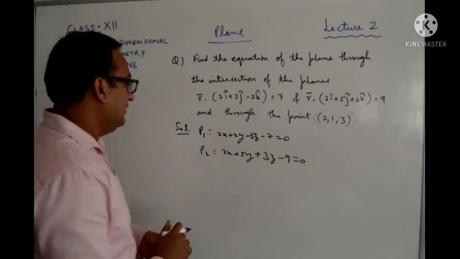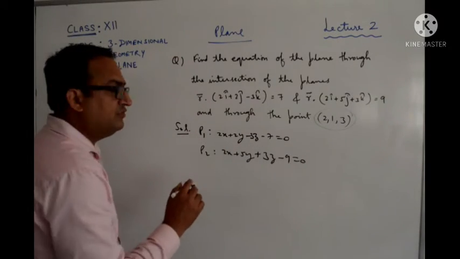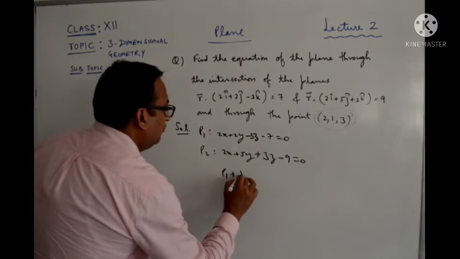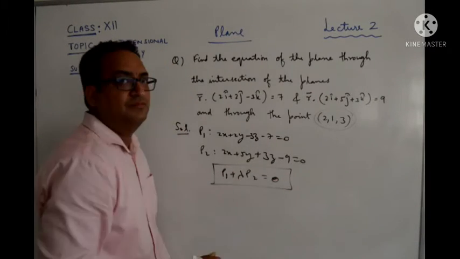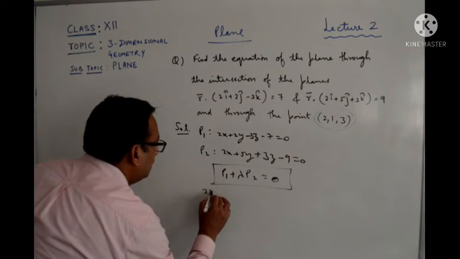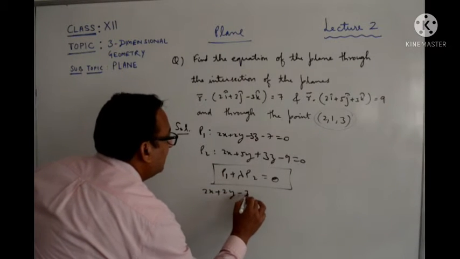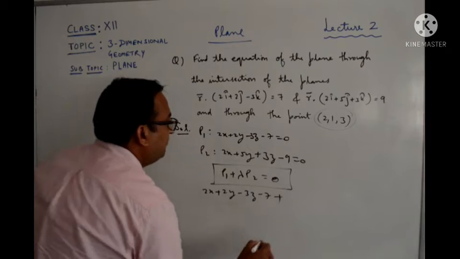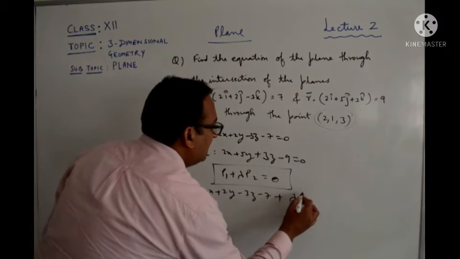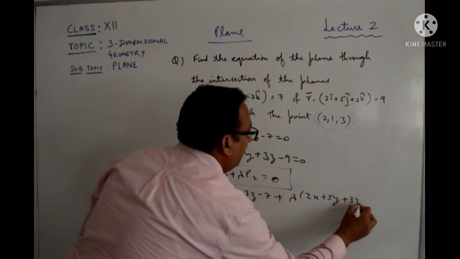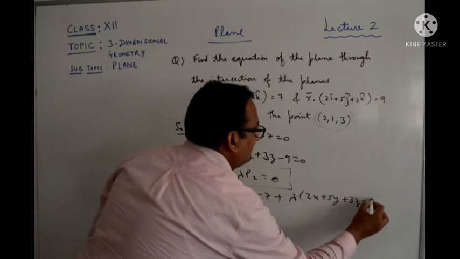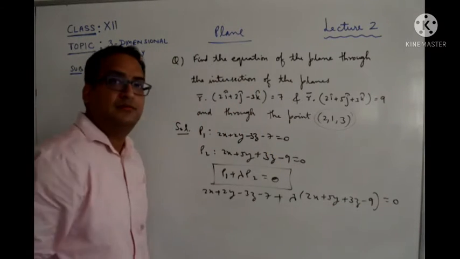So the equation of a plane through the intersection of these two planes, you can easily remember this result, P1 plus lambda P2 equal to 0, right? So this is 2x plus 2y minus 3z minus 7, the first plane, plus lambda times the second plane, equal to 0.